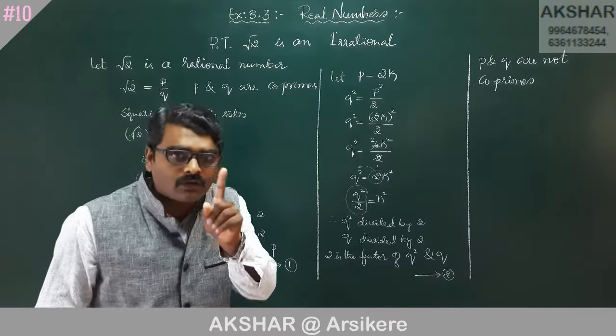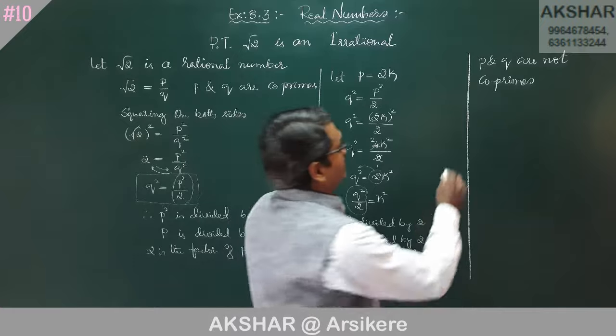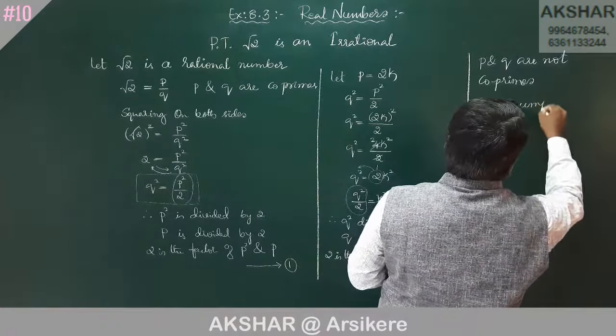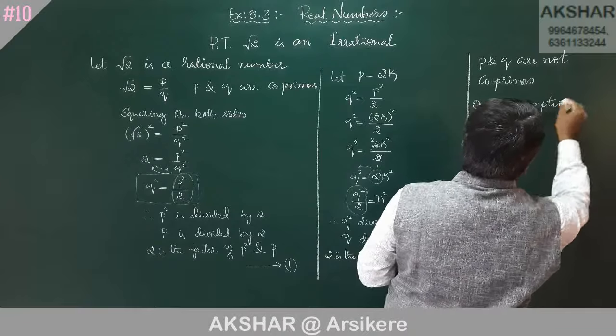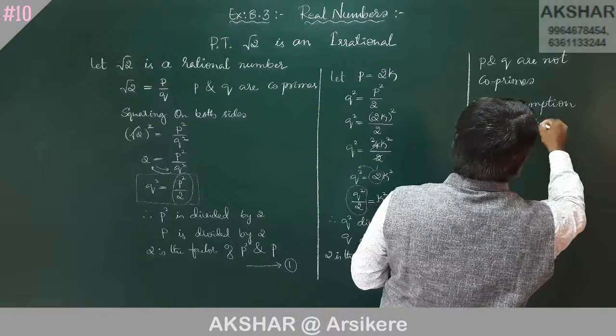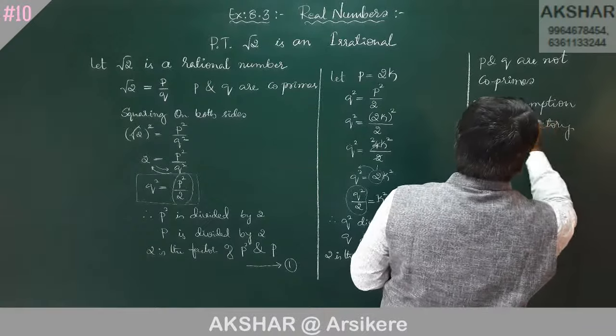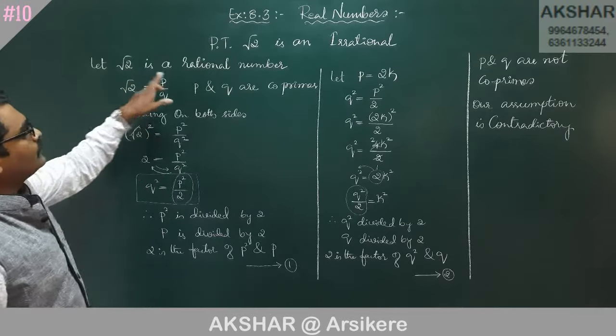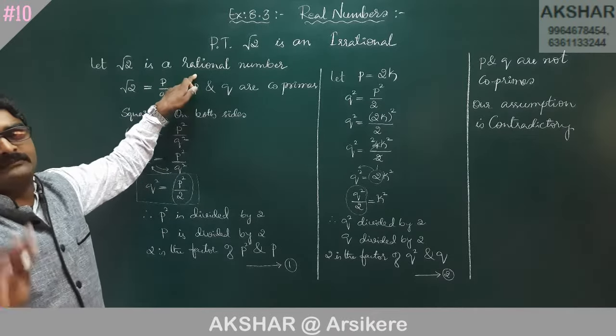Contradictory means wrong assumption. Right? Our assumption is contradictory. If our assumption is contradictory, then root 2 is not a rational number.